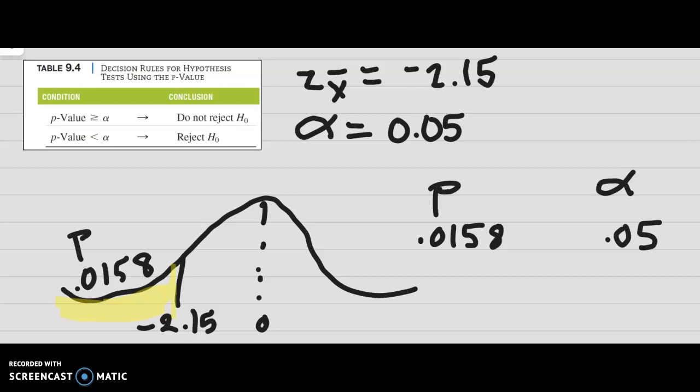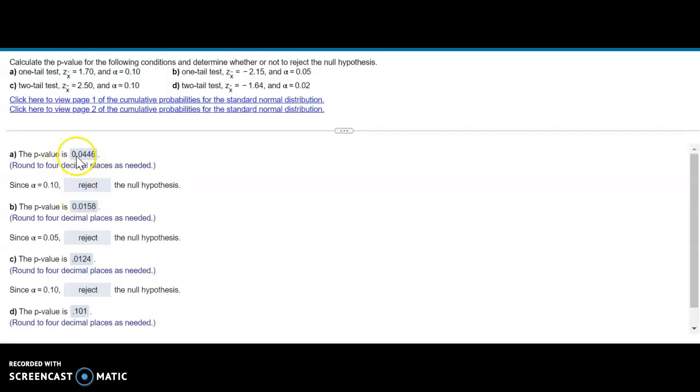So 0.01 and 0.05, P is less than alpha. So since P is less than alpha, we would reject the null. And H0 is the null. So you can see where we've put in the p-value. Make sure you round to 4 decimal places, which in the table it's already rounded. And then you have to choose reject for those two.